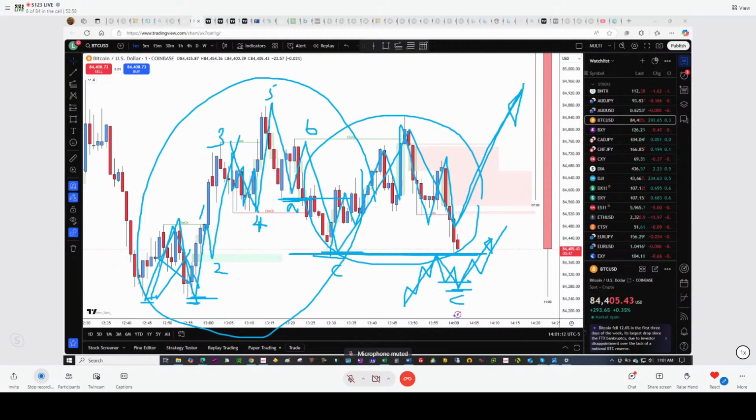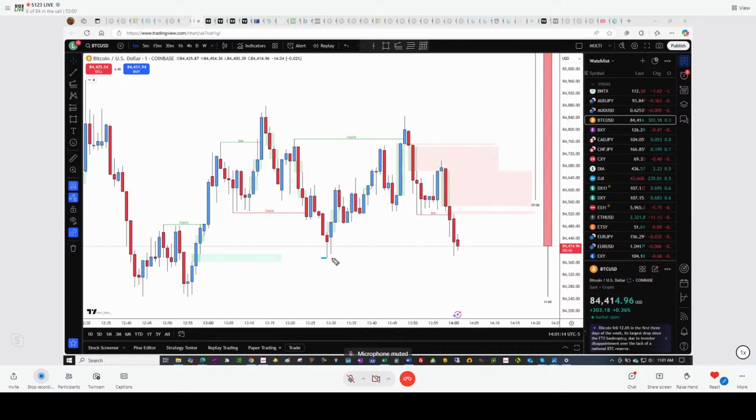So we don't really want to see that happen, but it can happen, of course. And if it is happening, then more than likely we're going to go down and take out the lows, which would mean that there's some pressure on Bitcoin to go down.